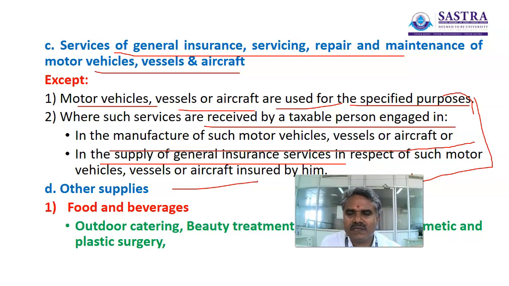Other supplies, what are all not eligible, I mean, coming under blocked credit. Food and beverages is a blocked credit. Outdoor catering, beauty treatment, health services, cosmetics and plastic surgery, food and beverages.